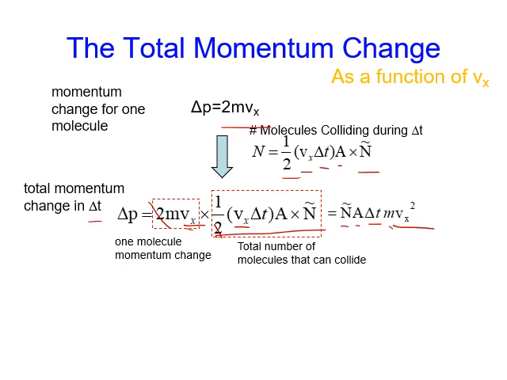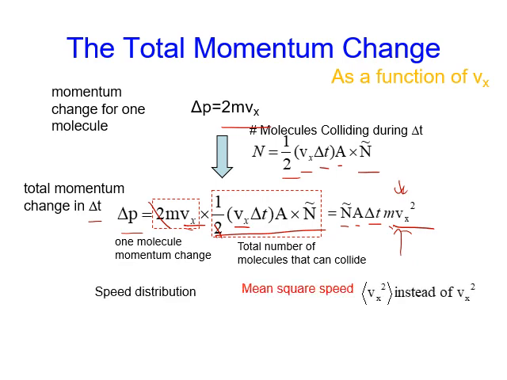But at this point, we need to think about the collection of molecules that have different velocities. It has a distribution, so they don't have the same vx. Some are faster, some are slower. They obey the Maxwell-Boltzmann distribution, and therefore you cannot use one vx to calculate the total momentum change, and you have to use the average vx squared. The average vx squared is the mean square speed along the x direction.